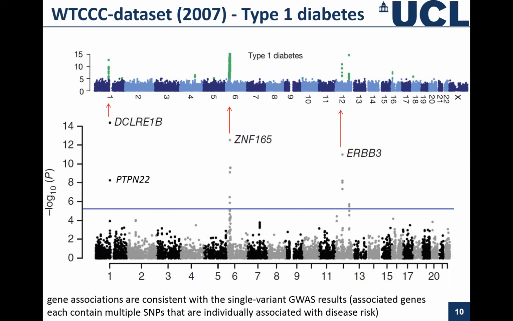And then, apart from that, this is maybe the main advantage of this whole methodology, which can be depicted very nicely in the case of the gene ARBB3, which is a gene which was mentioned in the Wellcome Trust GWAS as a potential candidate gene, and then later confirmed to be indeed associated with type 1 diabetes.